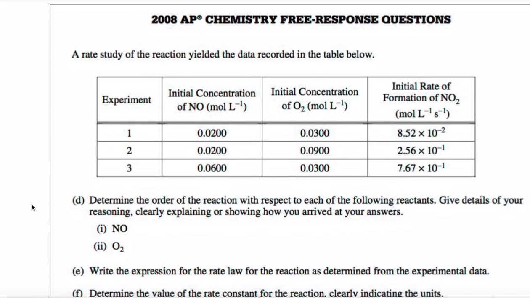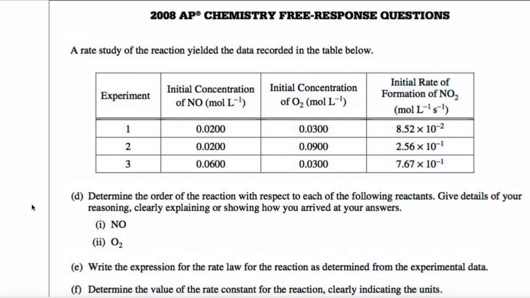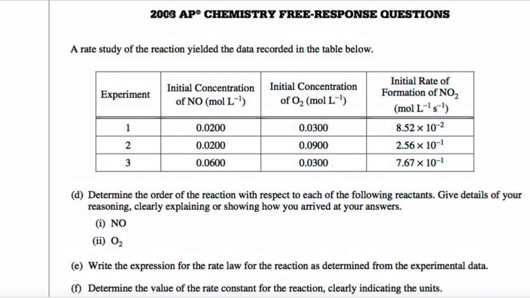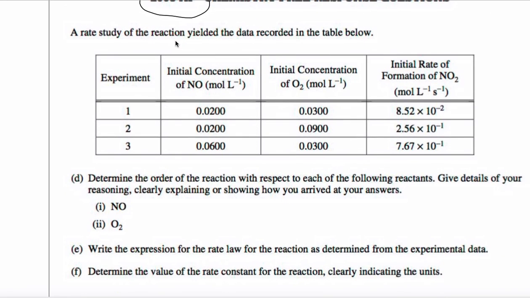So I'd like to challenge you guys to look at this question from 2008 and try to solve it. Now, instead of A and B, we have NO, that would be like A, and O2, that would be like B. This question asks you to find the orders. Is NO 0, 1, or 2?